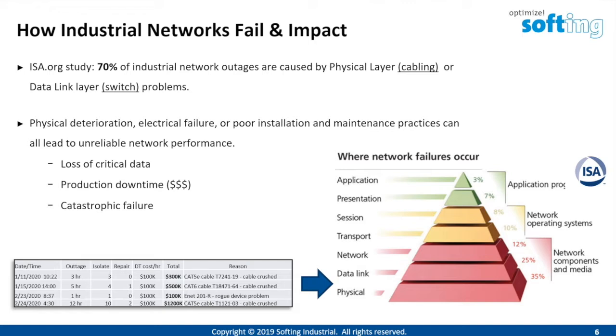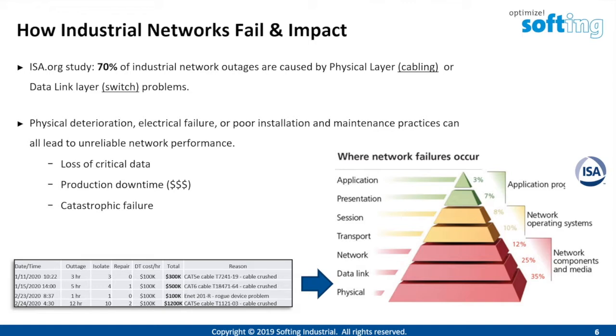And what is layer 1? The physical cabling, the Ethernet cables, copper, fiber. What is layer 2? Well, that's the data link layer, the basic connection to the switches.